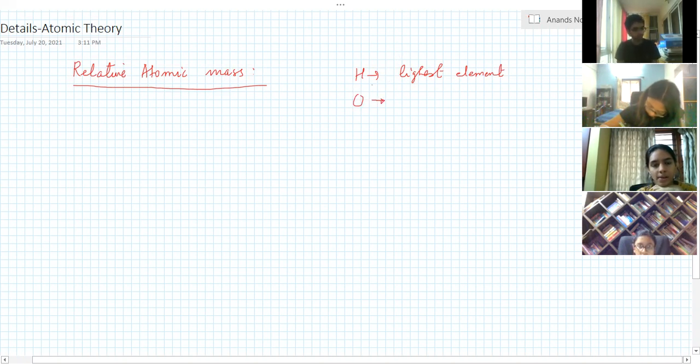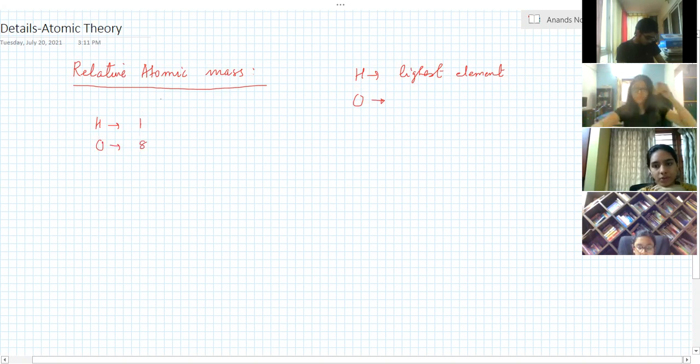So they arbitrarily gave hydrogen, the lightest, a mass of 1. It is not 1 gram or 1 kg, just an arbitrary value 1. Then they said oxygen is 8 times as heavy as hydrogen, so they gave oxygen the value of 8.